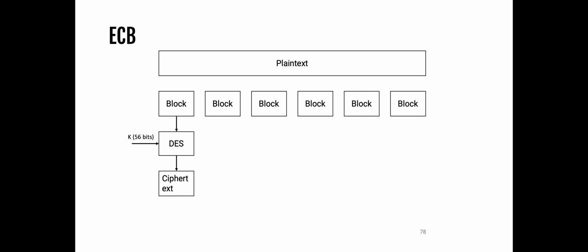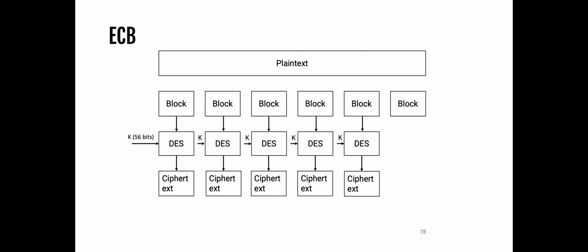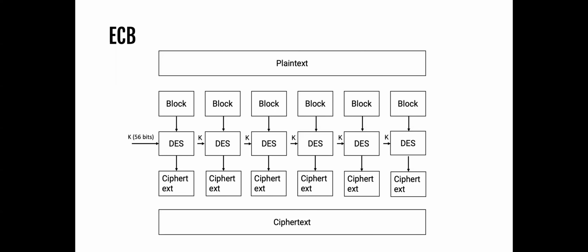Using a given key K, a symmetric key, you encrypt the block so that you get ciphertext. We do this block by block, and then we just concatenate them together, and we have the entire ciphertext. So this is called ECB.